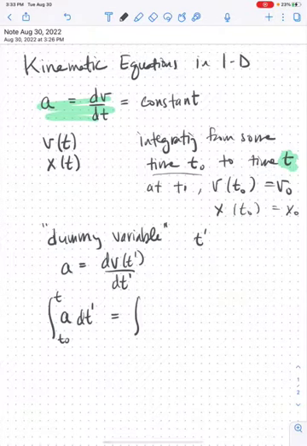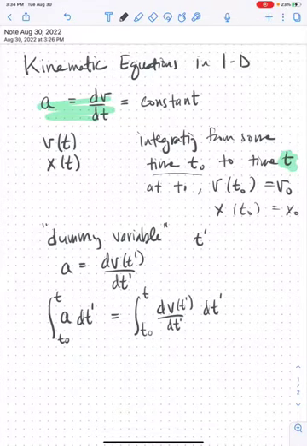And we're going to remember that this is dv of t prime dt prime dt prime, okay?